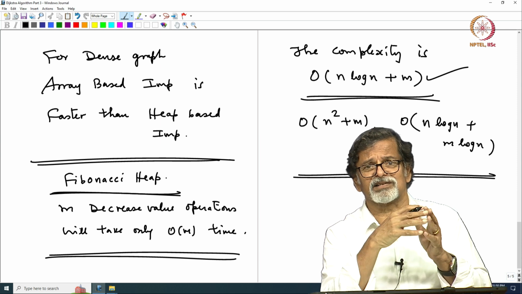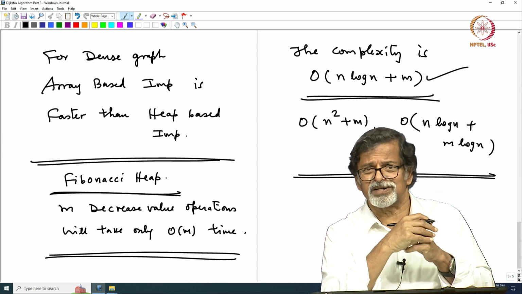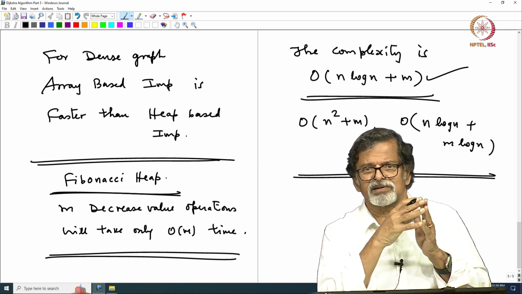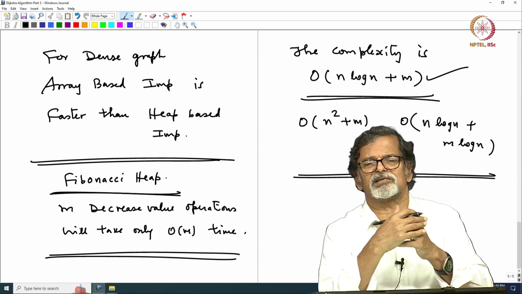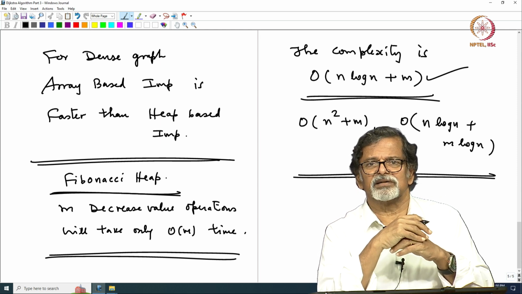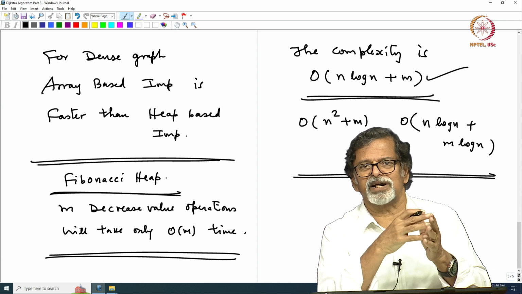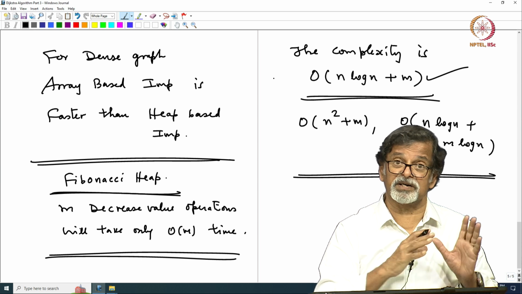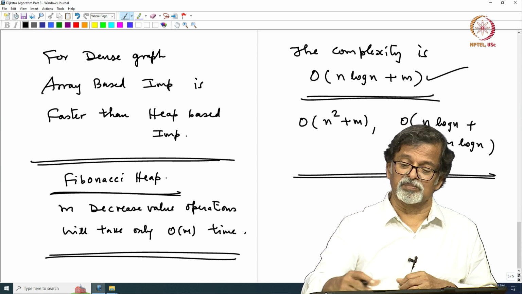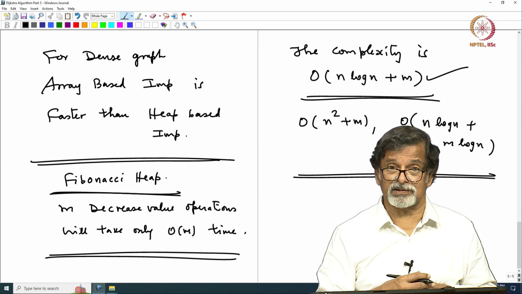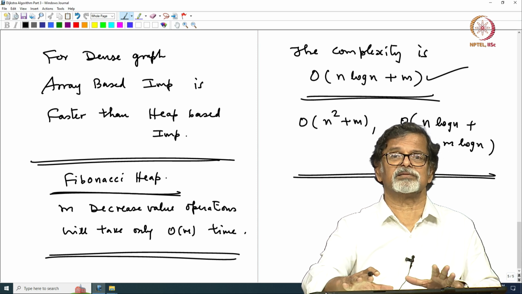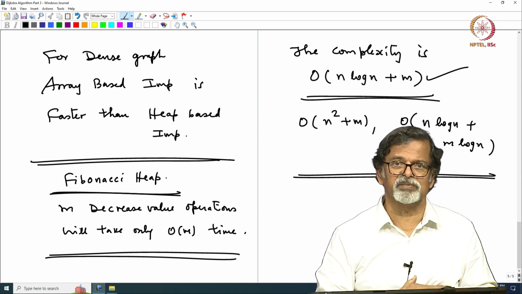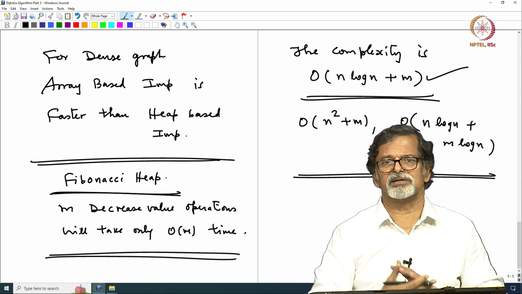The mathematical analysis of that is also very sophisticated, and we are not going to discuss the Fibonacci heap based implementation, but just as information, I want to state that we have a clever data structure which results in a very efficient implementation of Dijkstra's algorithm. The complexity will be order n log n plus m. We are not going to look into that data structure or its implementation. Just a fact for your information.